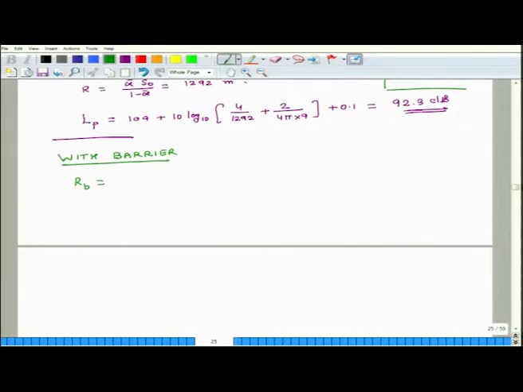RB is 0.35 times 2400 plus the area of the barrier, and area of the barrier is 5 times 3, into alpha 1 plus alpha 2, that is 1.1, divided by 1 minus alpha bar minus area of the barrier 15 divided by area of the room 2400 times alpha 1 plus alpha 2, 1.1. So, that works out to 1332 square meters.